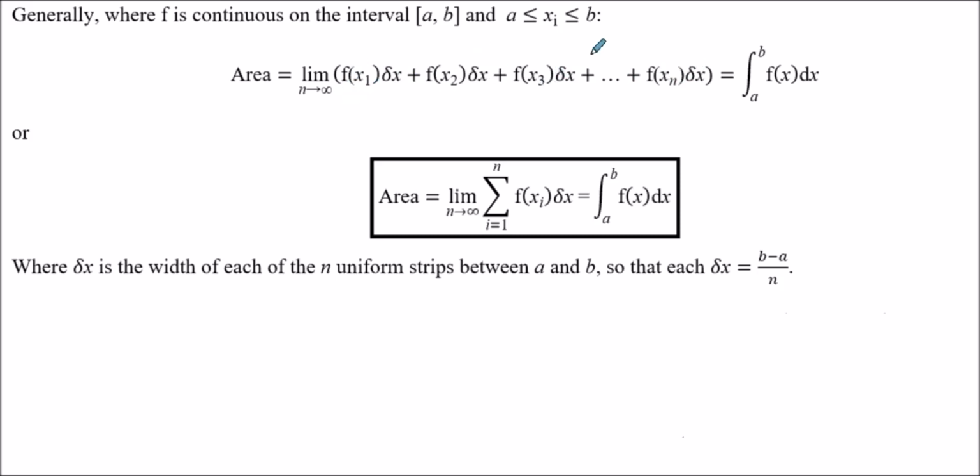If we sum up these tiny, tiny strips, as number of strips approaches infinity, it becomes one and the same thing as the integral of the function between these limits b and the limits a.